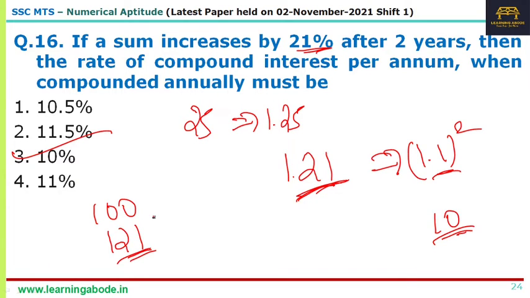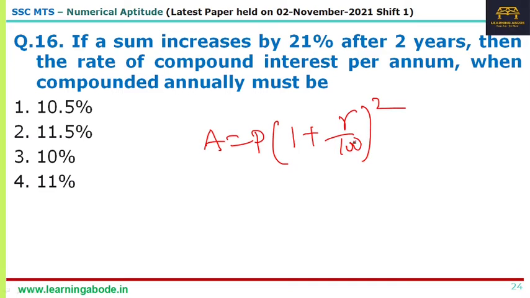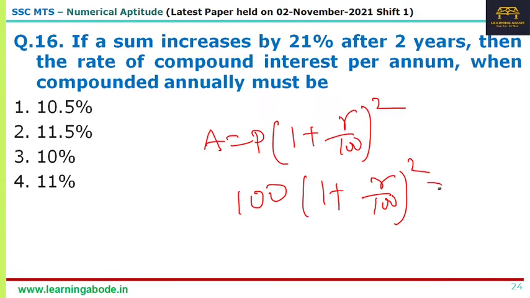Or you can of course use the compound interest formula. What is the compound interest formula? Amount is equal to P into (1 plus R by 100) whole square. So that is 100 into (1 plus R by 100) whole square is equal to 121, since 21% means it's 121.